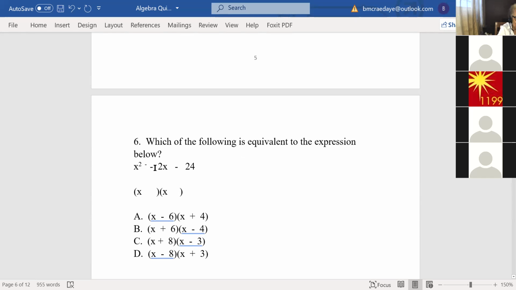The expression is x squared minus 2x minus 24, and I have two factors that can multiply to give you this. Now I know x is one factor and x is one here because x times x is x to the 2nd power.